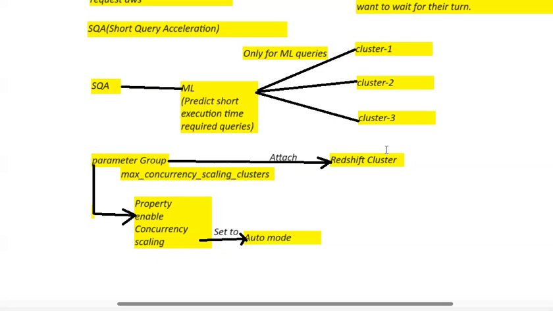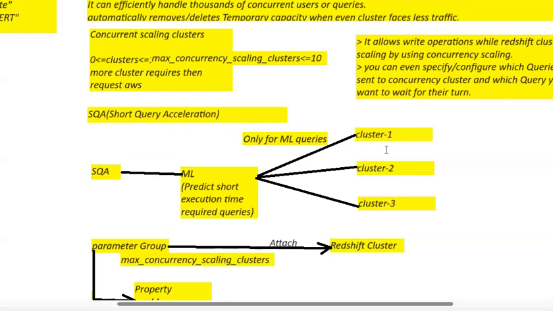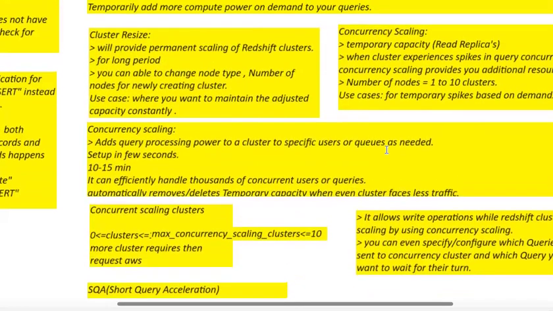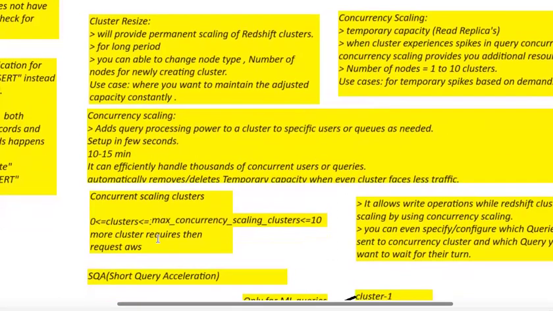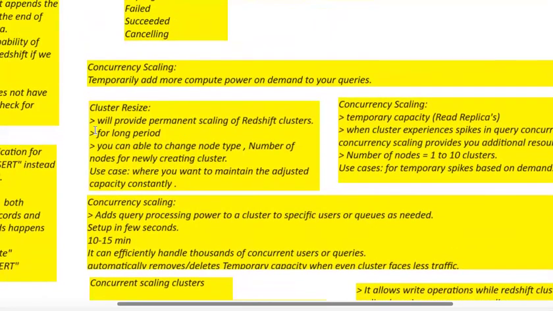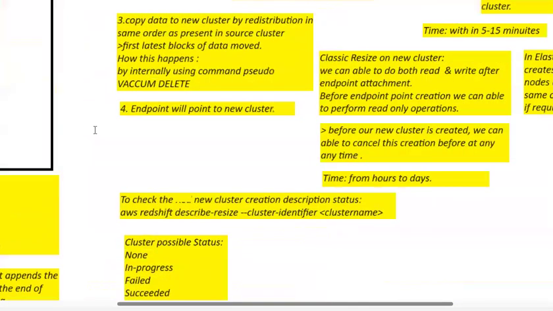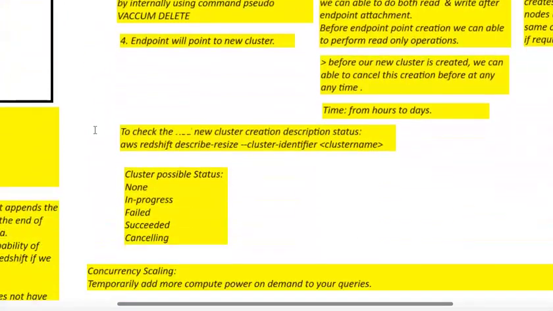Concurrency scaling will give your Redshift cluster a boost, but it is not a substitute for good table design and solid query creation. For solid query creation and good table design, you need to go for cluster resize, either classic or elastic.